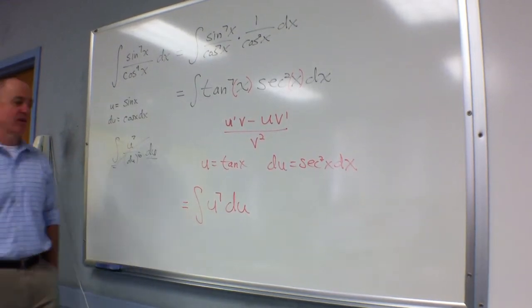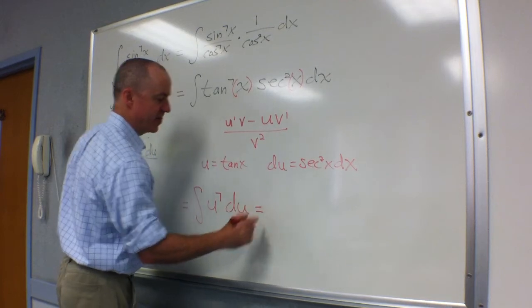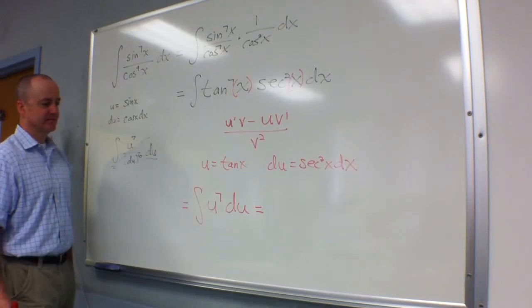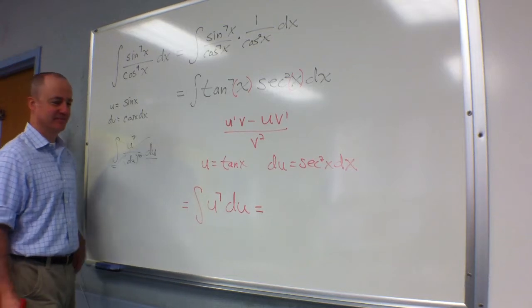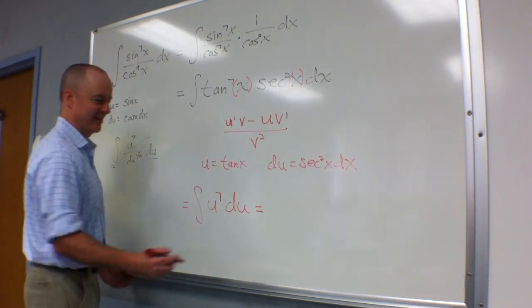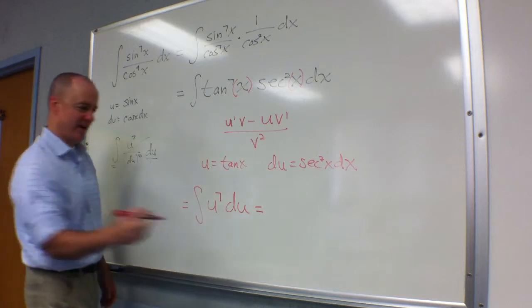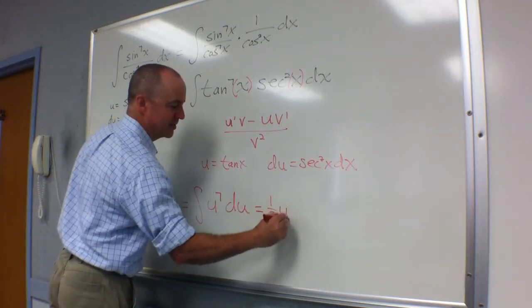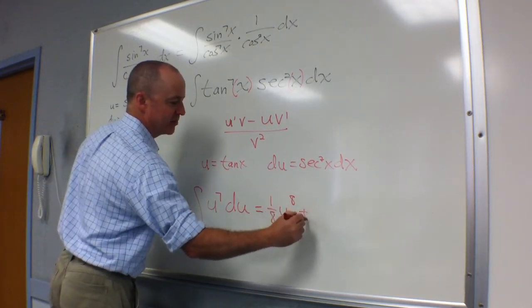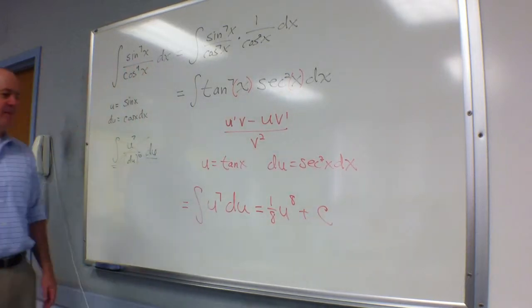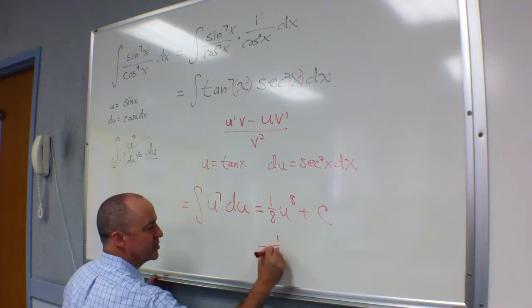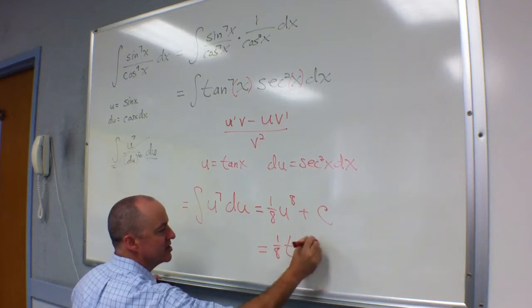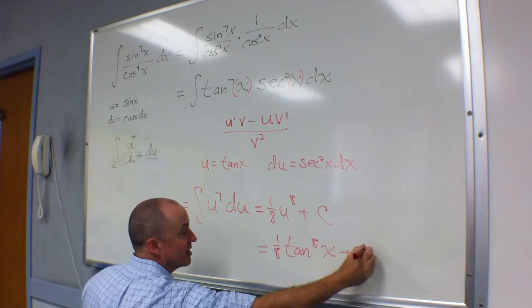And how do we anti-derive u to the 7th du? 1/8 u to the 8th plus c. Can I leave it like that? Yeah, why not? That's 1/8 tangent to the 8th x plus c.